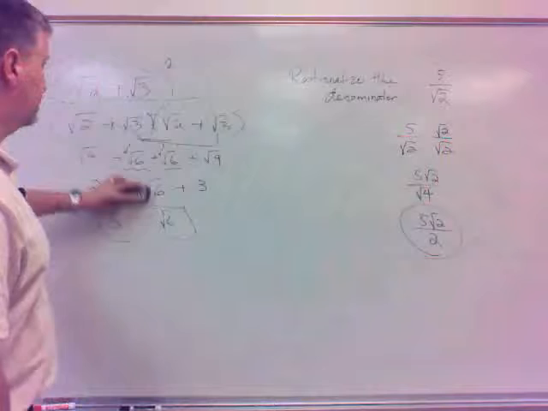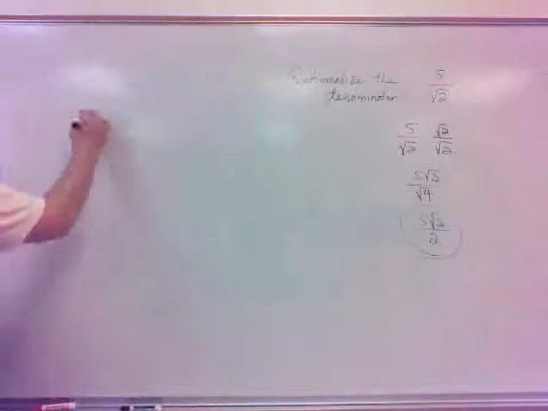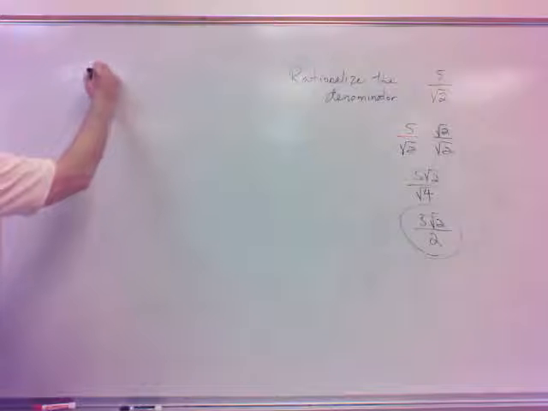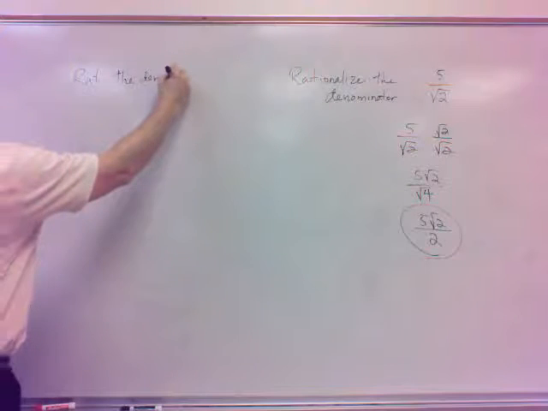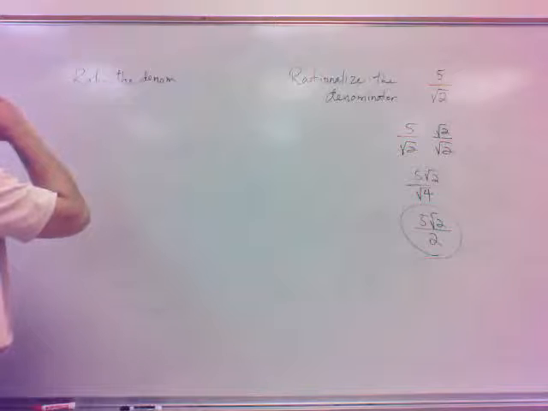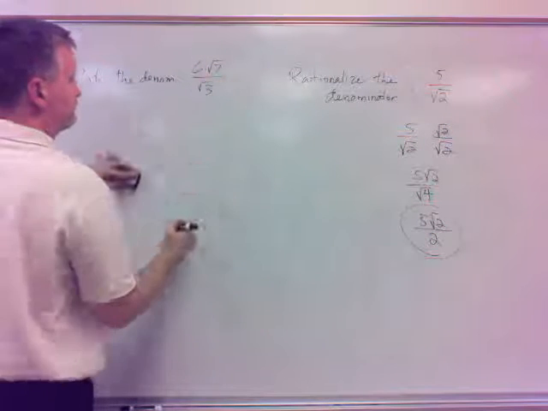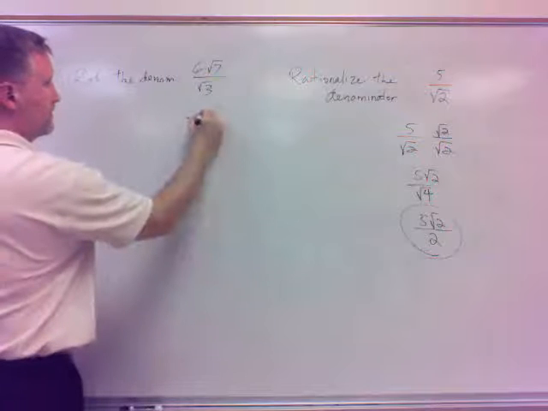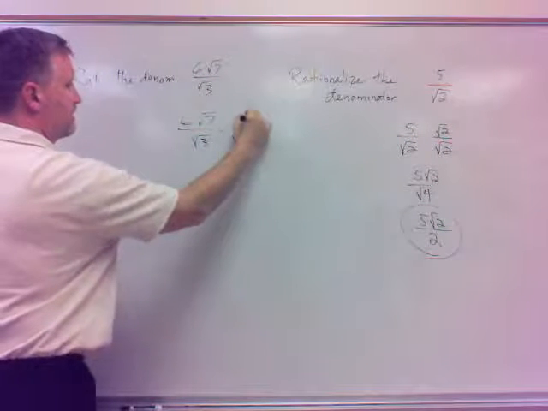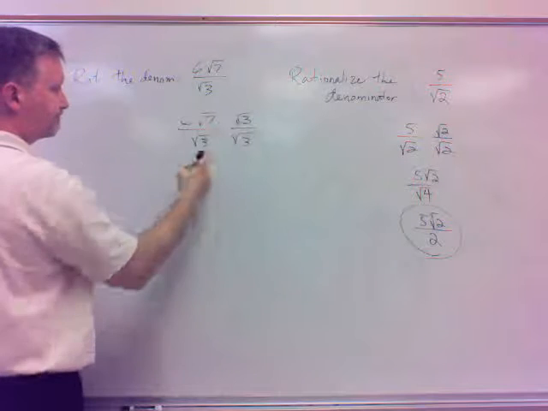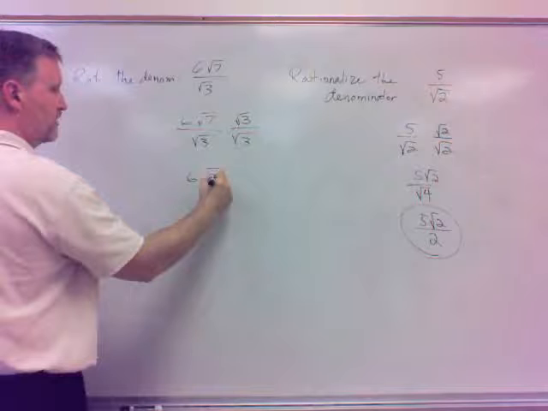All right, and what you want to watch for there is, same thing, rationalize the denominator. So I've got 6 square root of 7 over square root of 3. Well, same deal. Multiply by the square root of 3 over square root of 3. Of course, on the top, I've got square root of 7 and square root of 3. I can combine those, square root of 21.